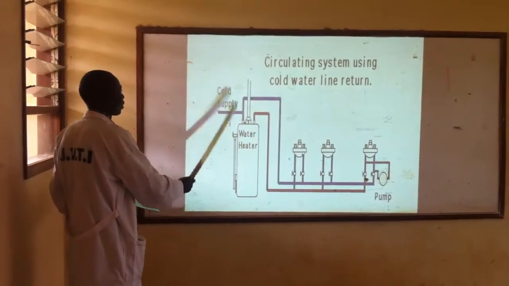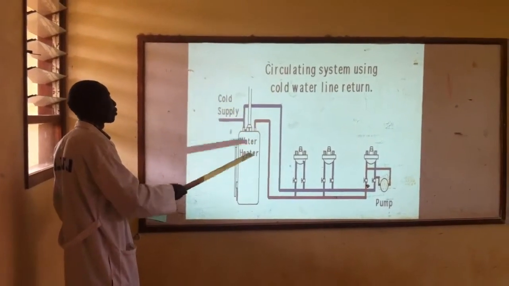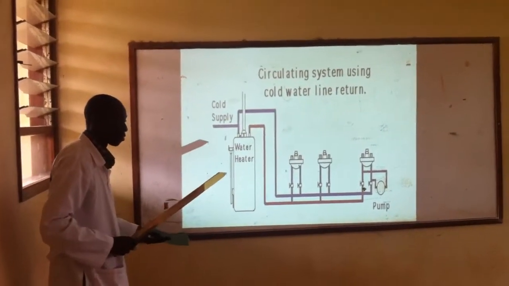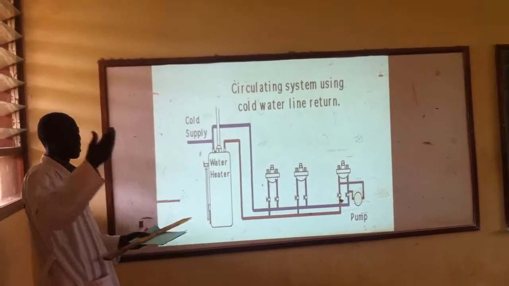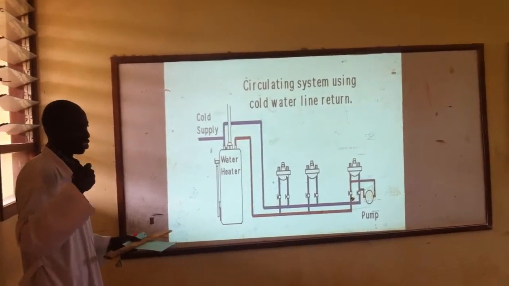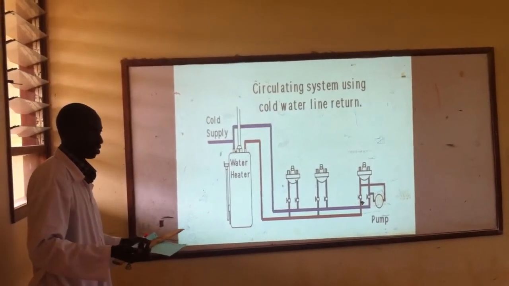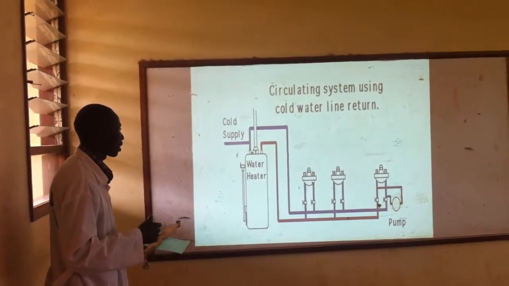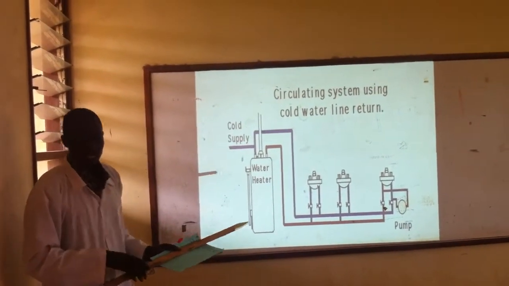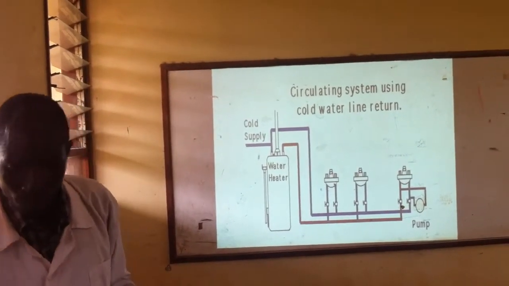That's the saturating system, using the cold water line return. All of this returns, which means it goes back. That's what we mean by saturation. Somebody can relate it to blood saturation. That's great.